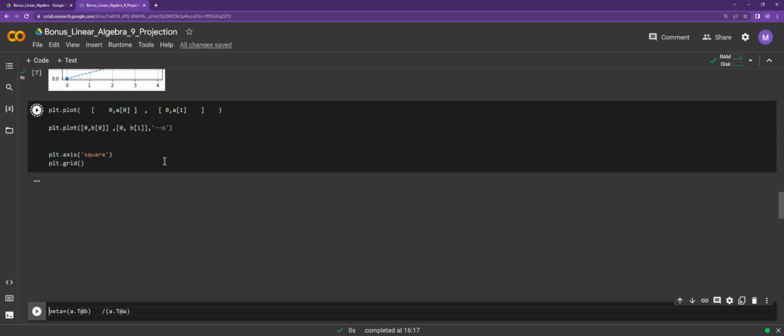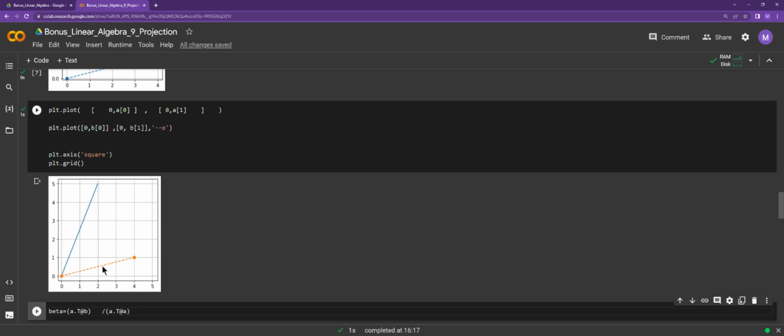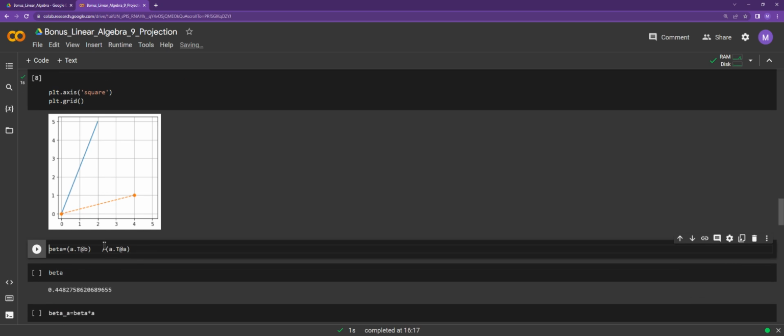So the orange one and the blue line, just like the picture that I used. If we want to project this orange one on the blue one, how are we going to do it? We call back our formula beta, which was A transpose dotted with B divided by A transpose A.